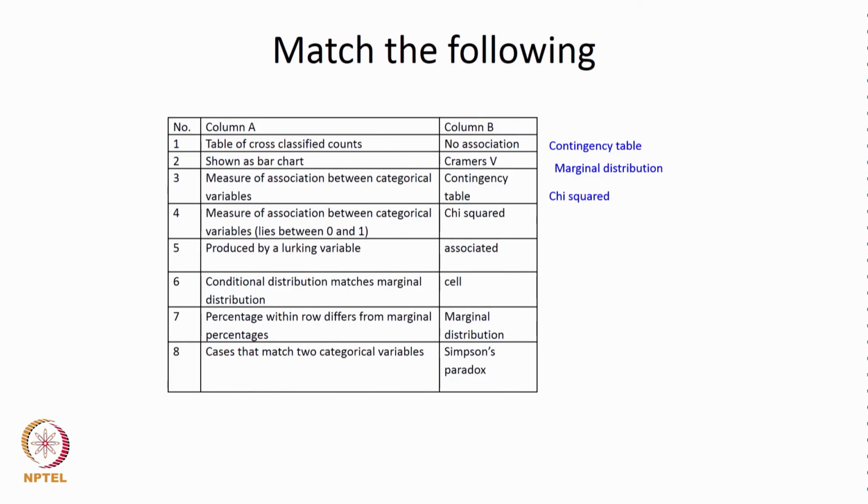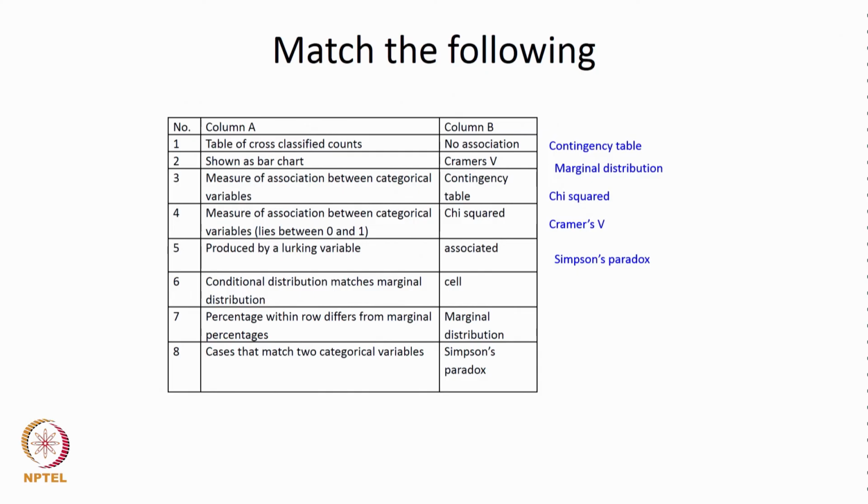A measure of association that lies between 0 and 1 is Cramer's V, which is a measure of association between categorical variables. Something produced by a lurking variable: we just saw that Simpson's Paradox is the example, and that happens because of a lurking variable.